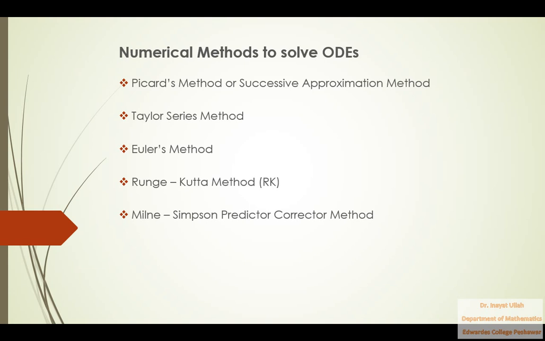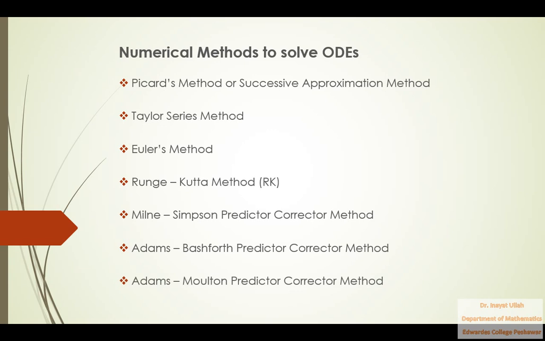The fifth one is the Milne-Simpson predictor-corrector method. The sixth one is the Adams-Bashforth predictor-corrector method, and the last one is the Adams-Moulton predictor-corrector method. The last one is also called the modified form of the Adams-Bashforth method.